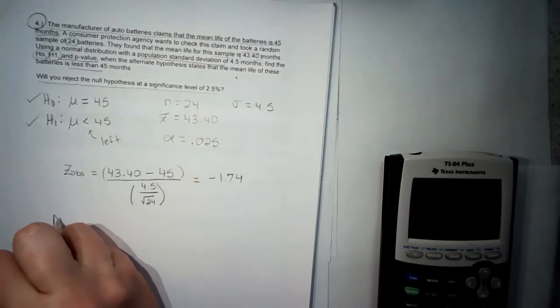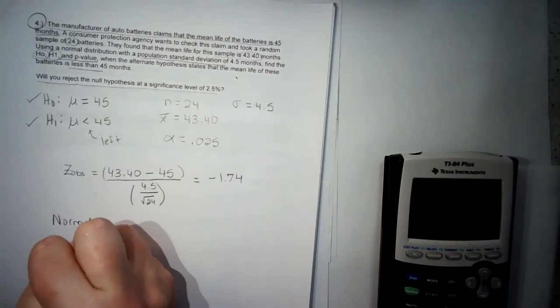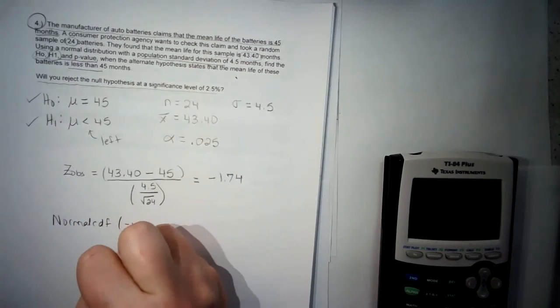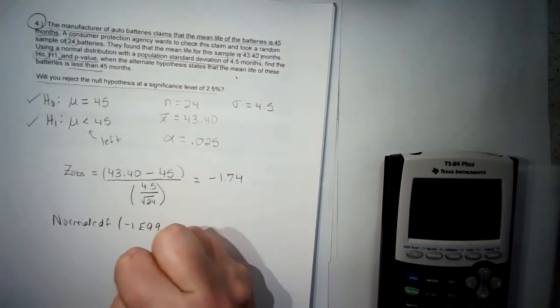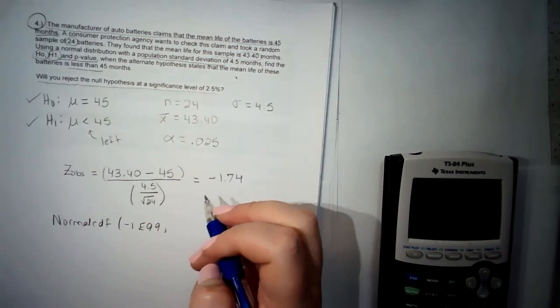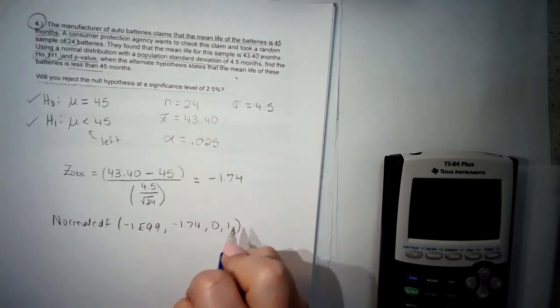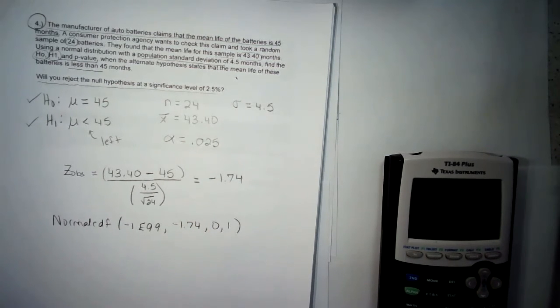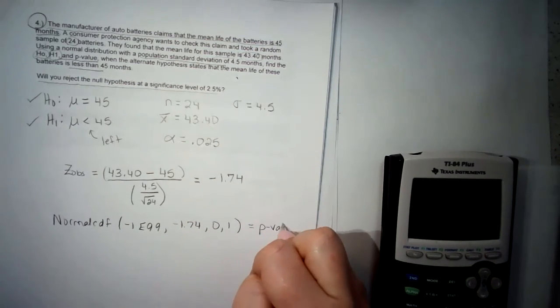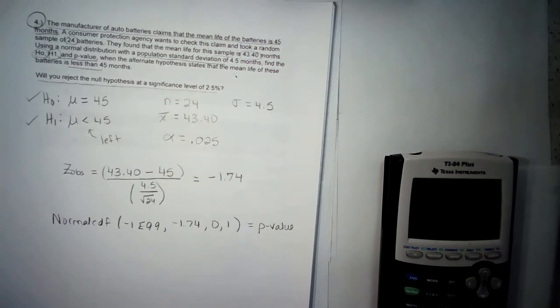Okay, so we're going to do normal CDF. We're going to do negative infinity, Z observed, 0 and 1. Okay, this is going to be the p-value, whatever this comes out to be.